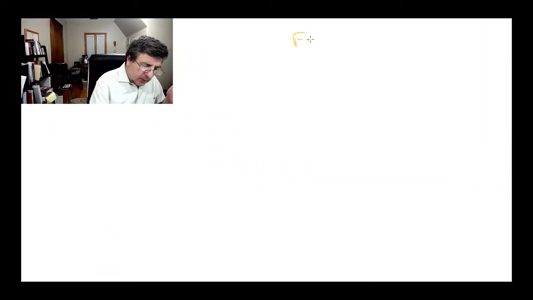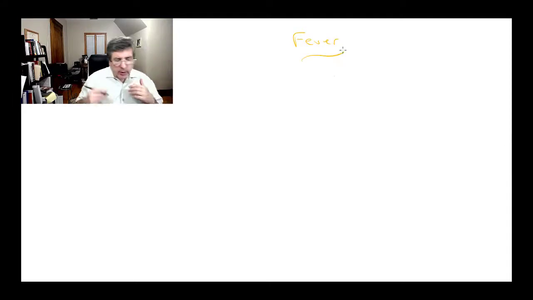Now let's look at the last part of your innate immune system, and this is going to be dealing with fevers. So, okay, we're looking at what a fever is and what it's dealing with.